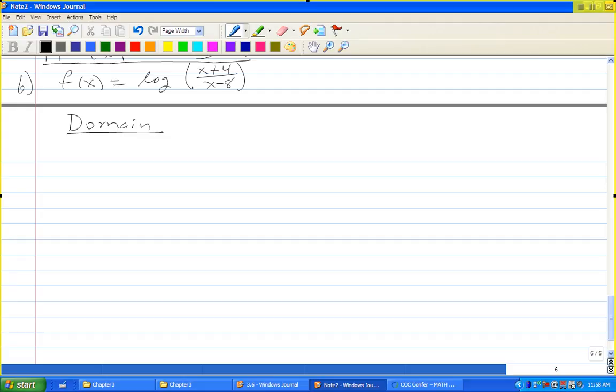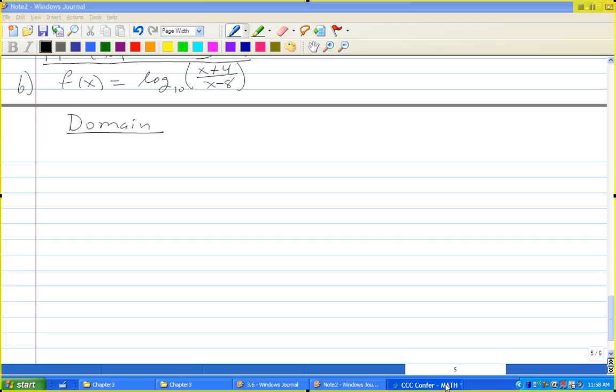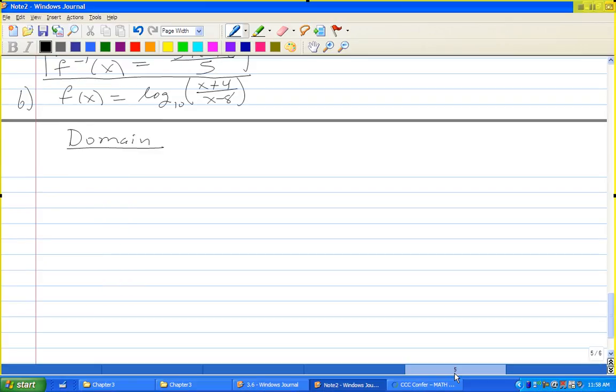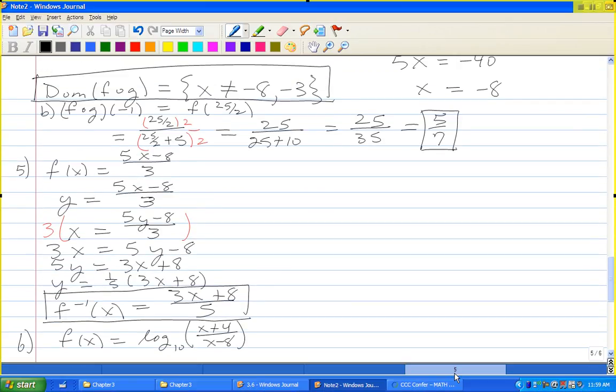of a logarithmic function, this is actually base 10.